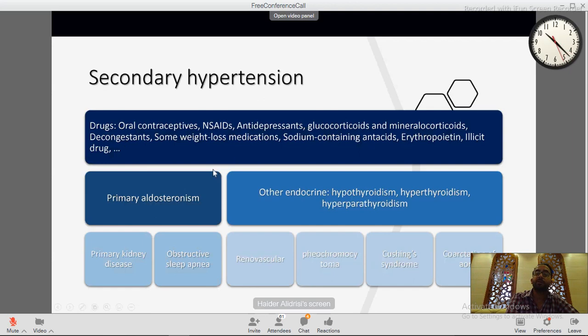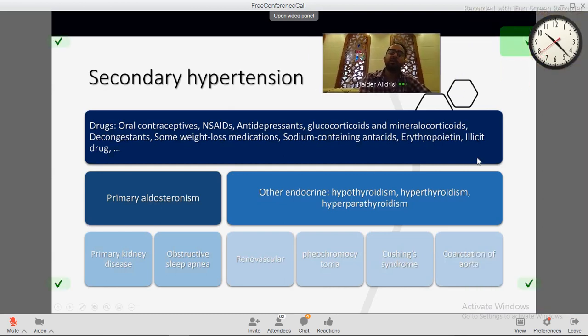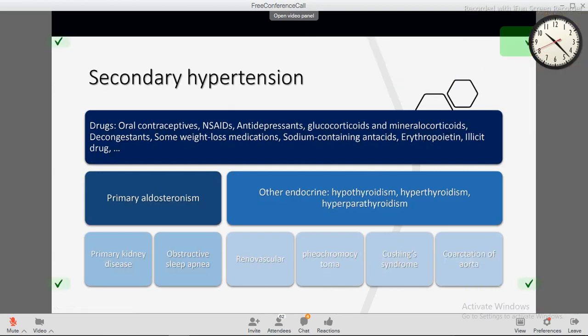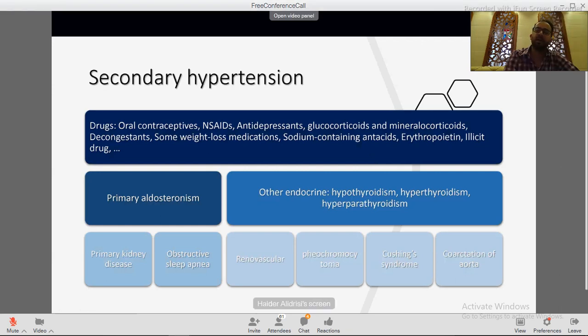Some weight-losing medication, especially those containing phenylephrine or phentermine, can cause increased blood pressure. Sodium-containing antacids, erythropoietin, and illicit drugs. Illicit drugs are non-prescription medications used by many persons who abuse them, like amphetamine or MDMA, which are associated with high blood pressure.